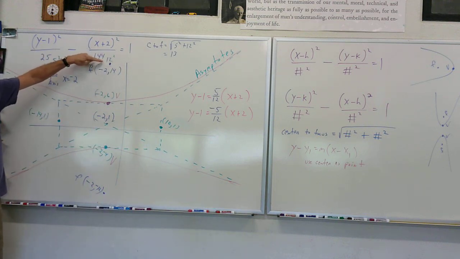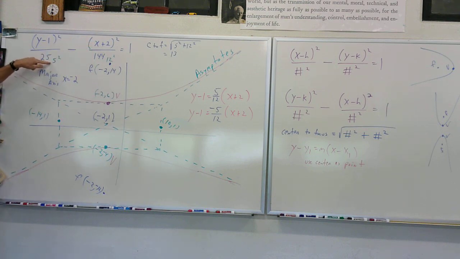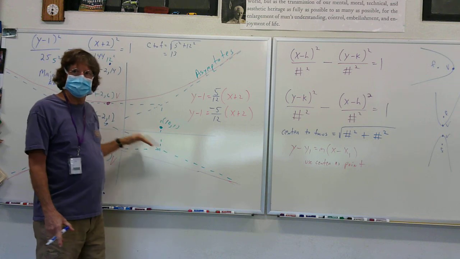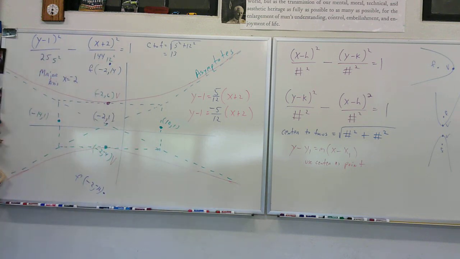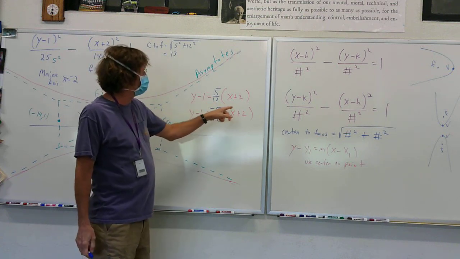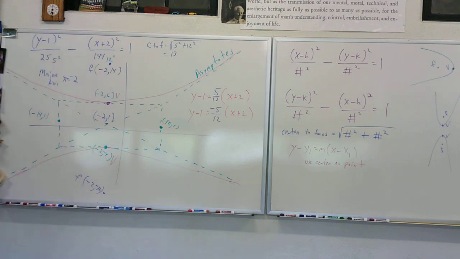The 12 was how far you counted in the x direction, and the 5 was how far you counted in y. And one of them has a positive slope, and one of them has a negative slope. If you look in a lot of the textbooks, they'll have little a's and b's and c's, and they'll say y minus h, x minus k. Just use the center and work it out. Don't try to memorize all those little formulas, because you know how to write the equation of a line.